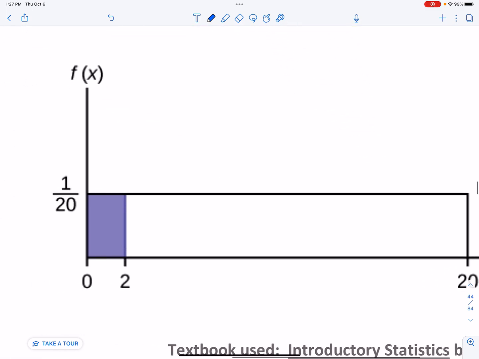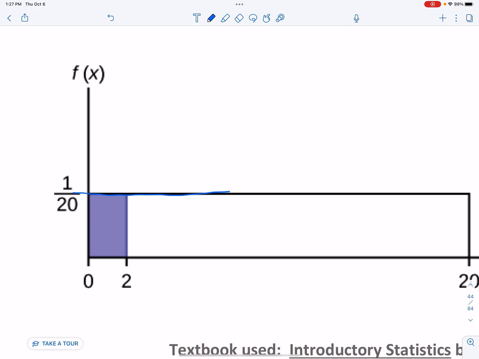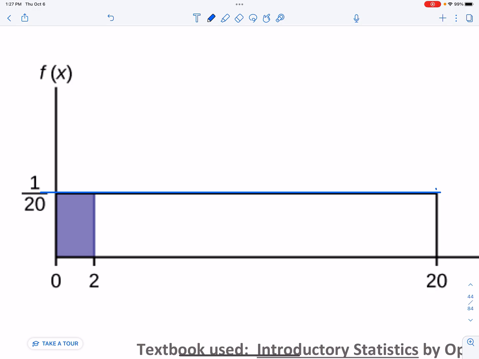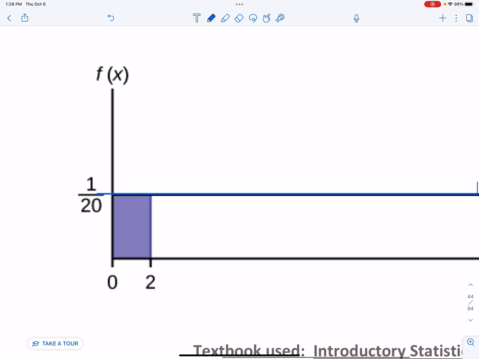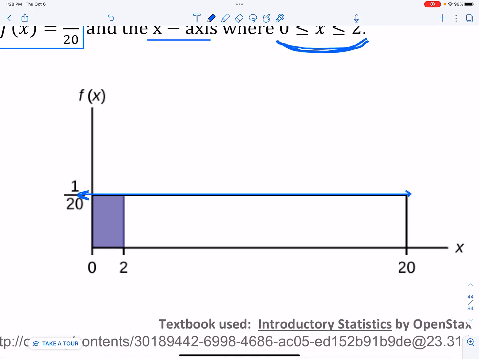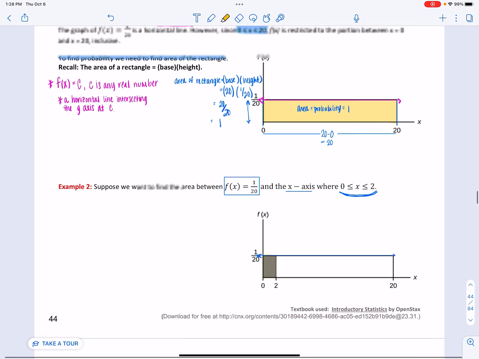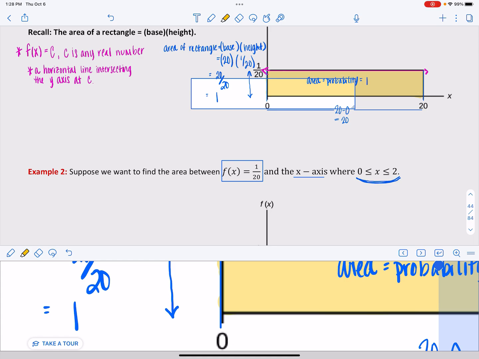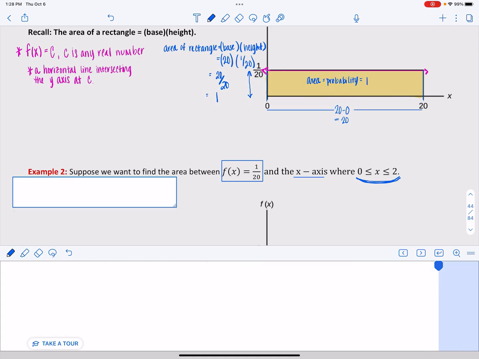So remember, f of x equals 1/20 is the horizontal line that intersects the y-axis where y is 1/20. We are only interested this time in the interval, or the space, between 0 and 2. So we still need the area of the rectangle.